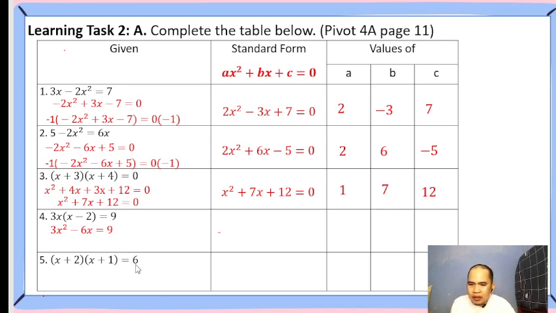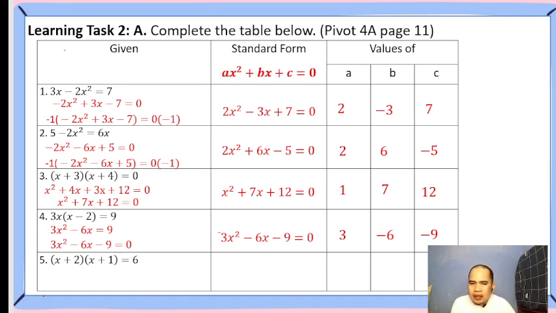Ita-transpose lang natin ito sa kabila. So, magiging 3x squared minus 6x minus 9 equals 0. So, therefore, that is our standard form. And value of A is 3. Value of B is negative 6. And value of C natin is negative 9.